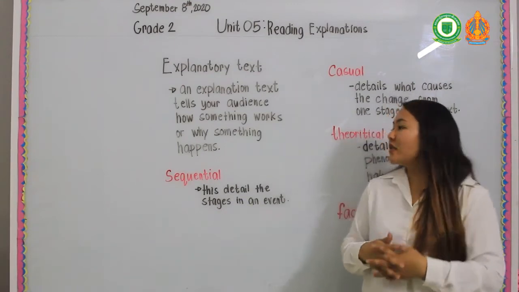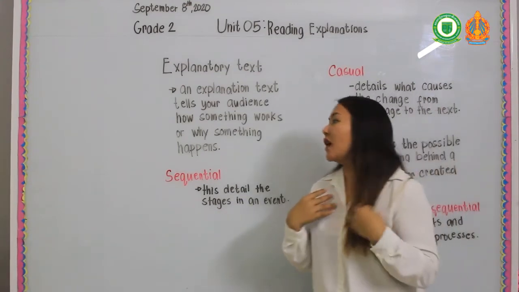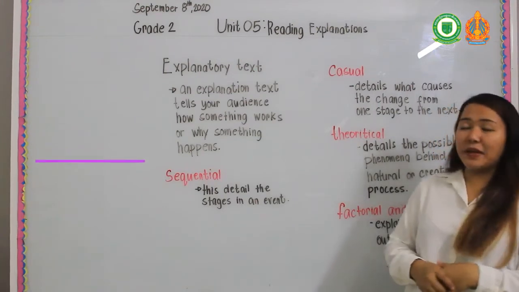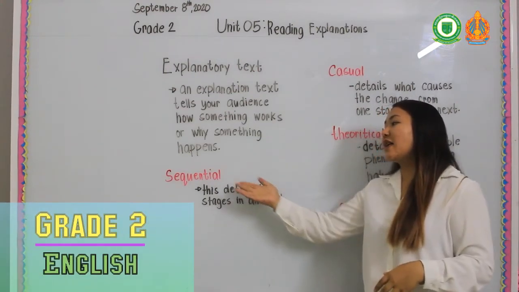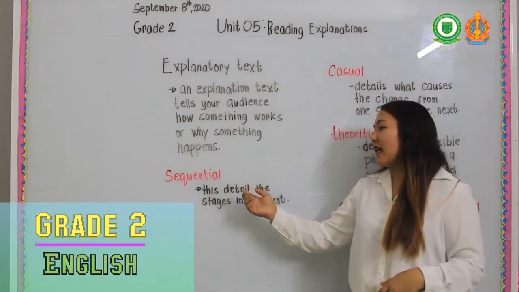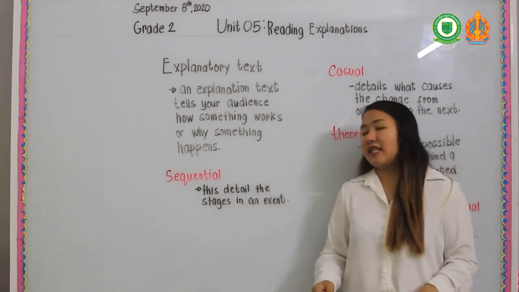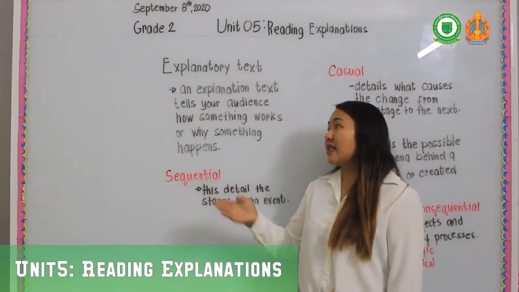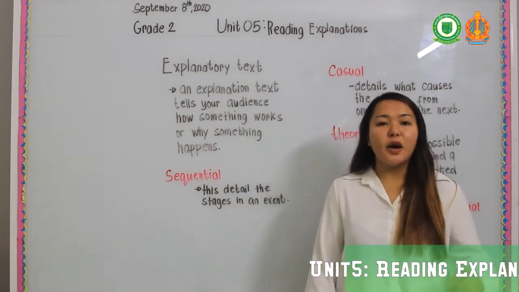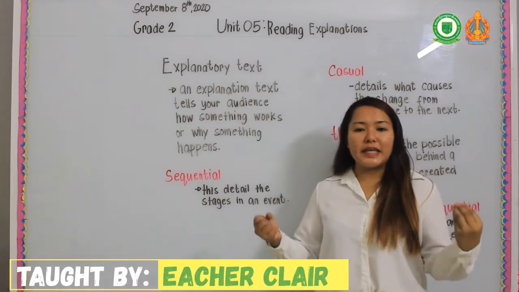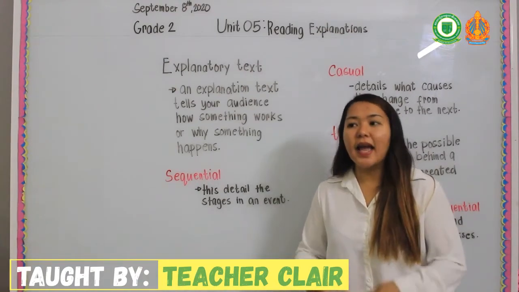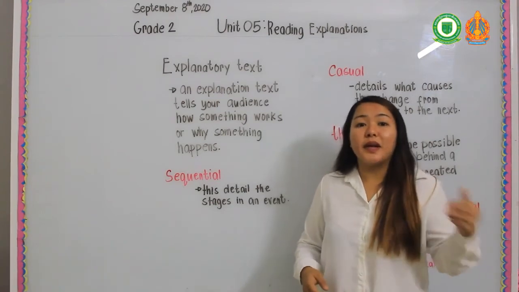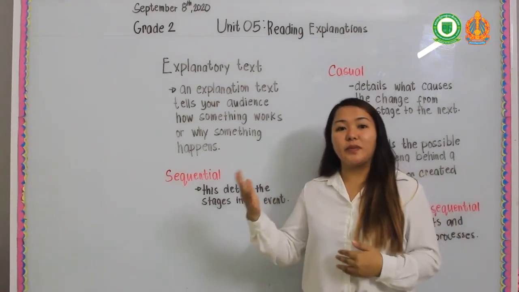Okay? So I will also include in our presentation four types of explanation text. We have your sequential. This details the stages in an event. Okay, so when we say sequential, this is an explanation text way of describing and explaining how a caterpillar turns into a butterfly.